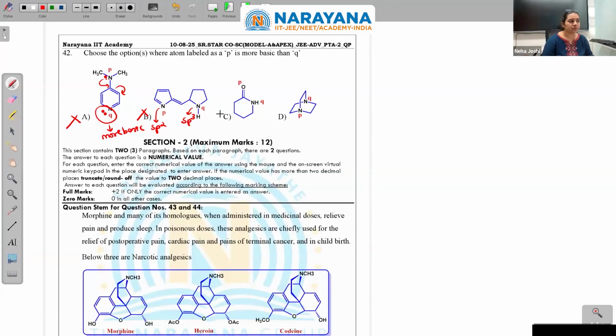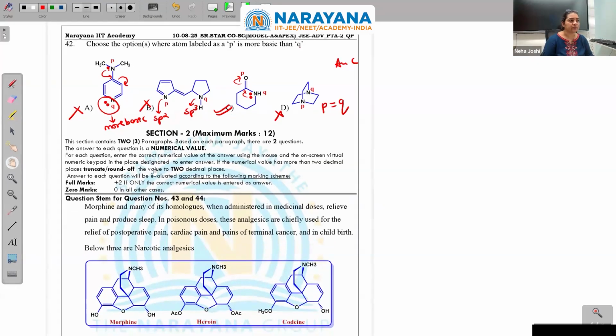B is also gone. Coming to C, amides are better bases than oxygen. That is correct. So C should be the answer. And here P is equal to Q, so this cannot be the answer as there is no point of difference between A, B, C, D.